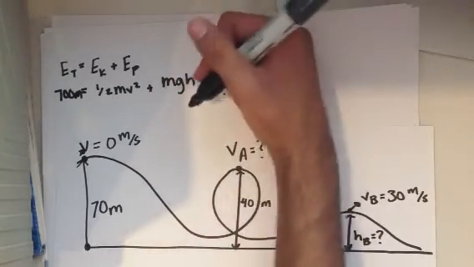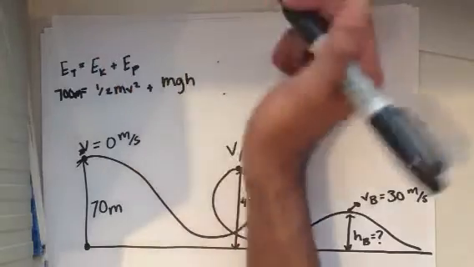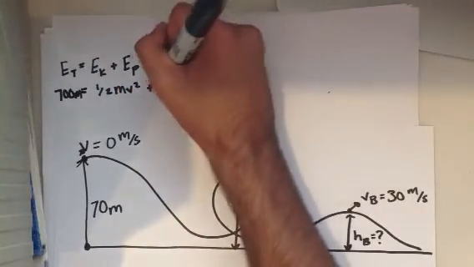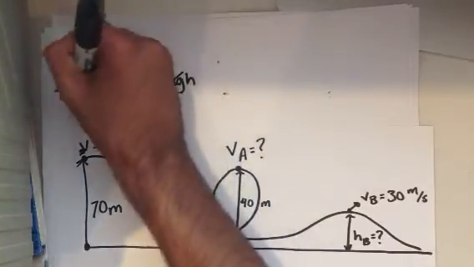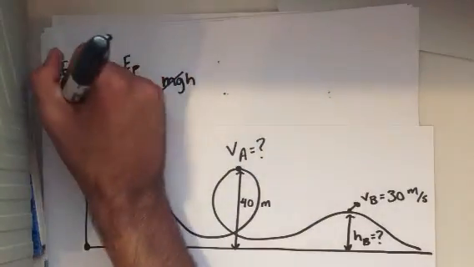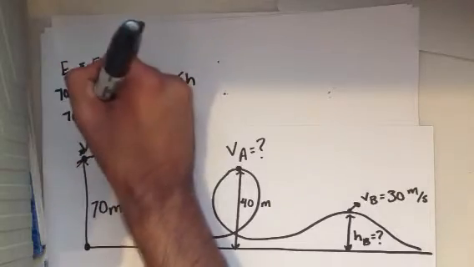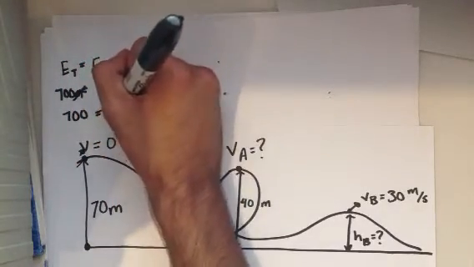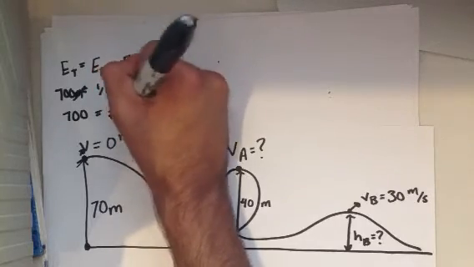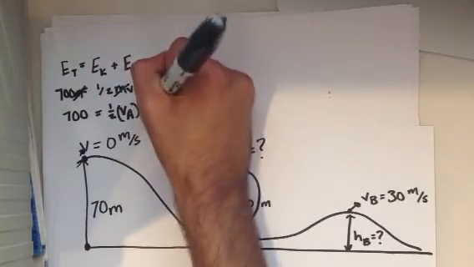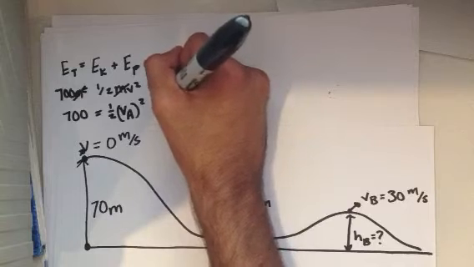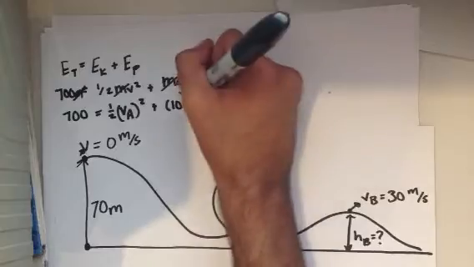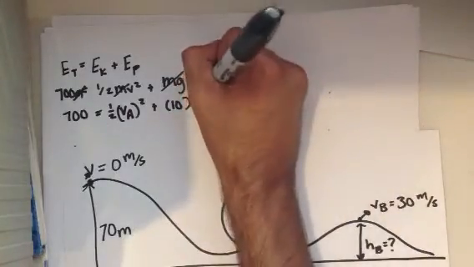The masses here are all the same, since the mass of the roller coaster doesn't change, so we can cancel these out, and now we're left with 700 equals 1/2 VA squared plus g, which we round up to 10, times the height, which is 40 meters.